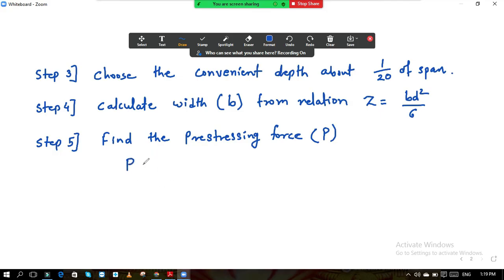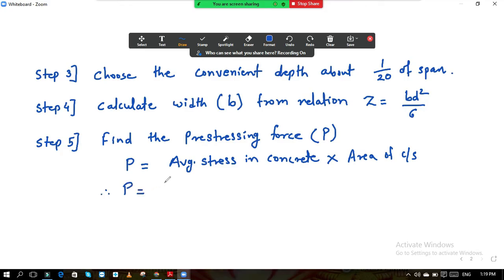So P is equal to, the formula is average stress in concrete multiplied by area of cross section. Okay. So therefore, this P can be calculated as average stress in concrete. So what is the average stress? Just a moment.